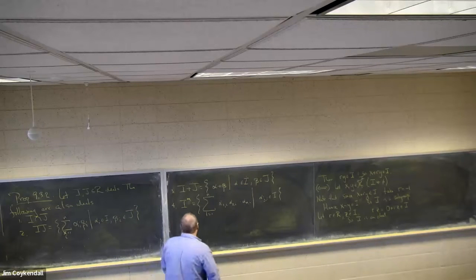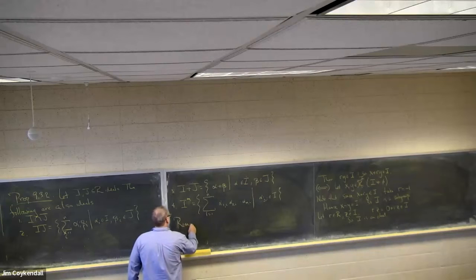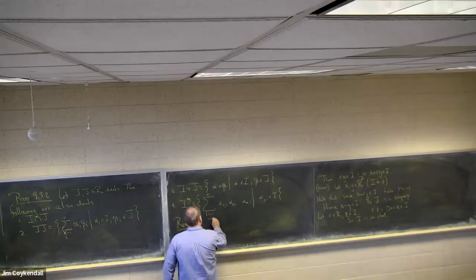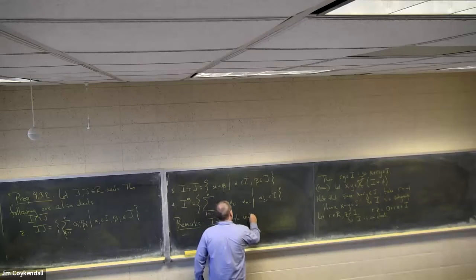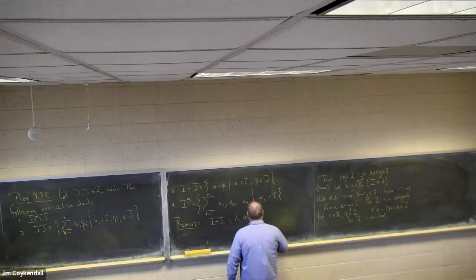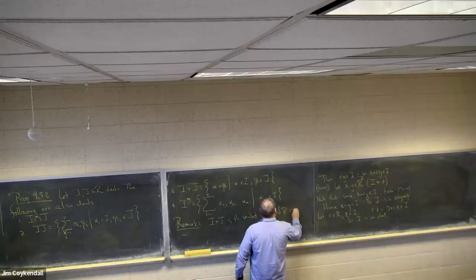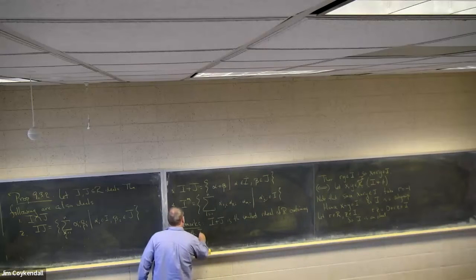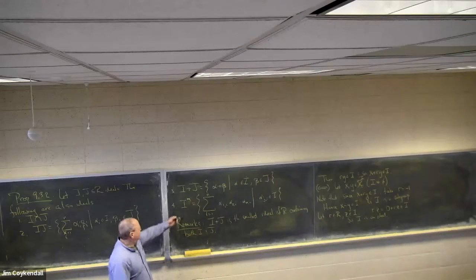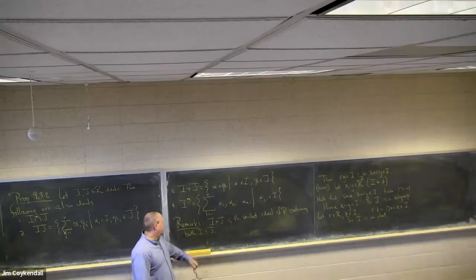Let me make a couple of remarks. One, I plus J is the smallest ideal of R containing both I and J. So this is the smallest ideal that contains both of them, it's all sums of them.